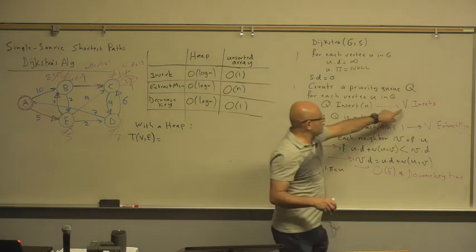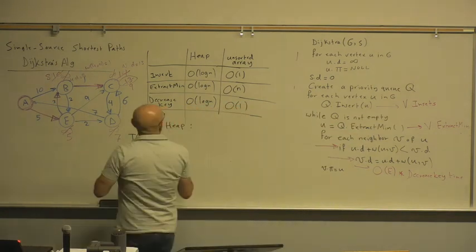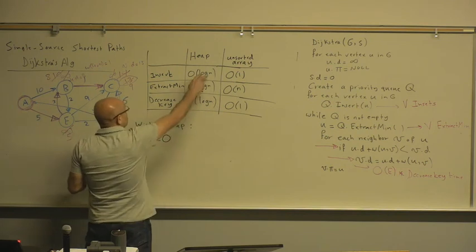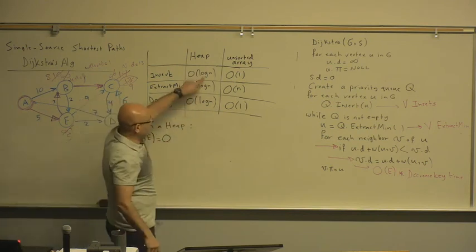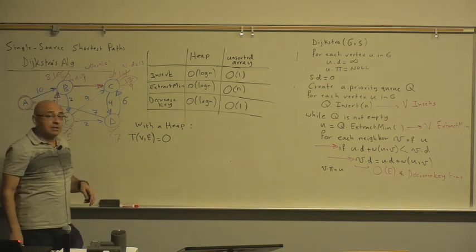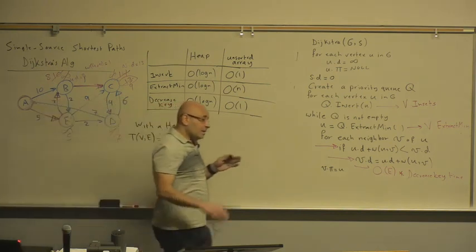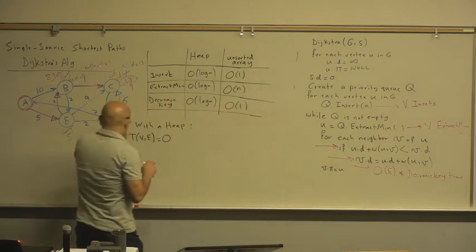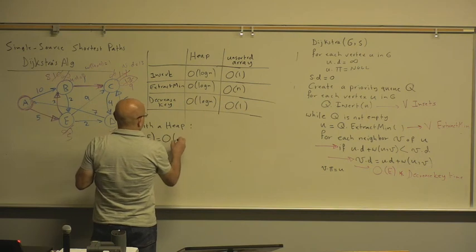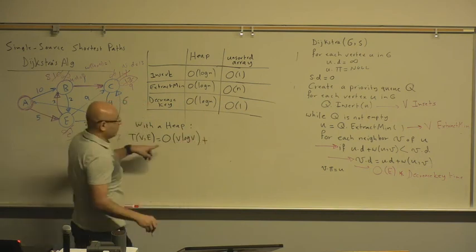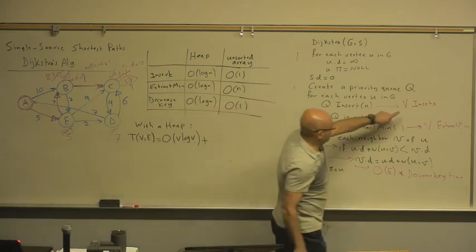V inserts. So it's going to be O of V. Now, what's n here in the heap? Is it V or E? V, because what we are storing in the heap is vertices, not edges. So this is going to be O of V log V for the inserts.